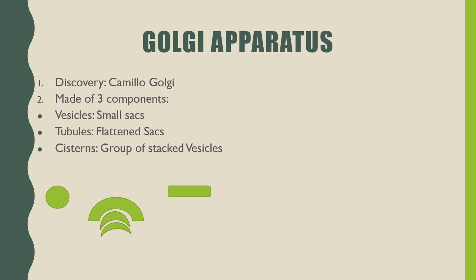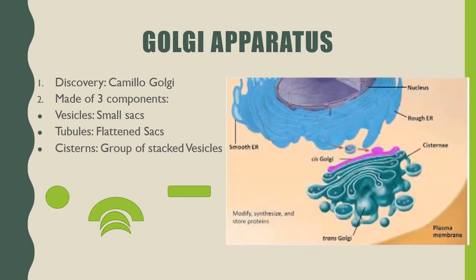You know that lipids and proteins are made in endoplasmic reticulum, and endoplasmic reticulum is connected to Golgi apparatus. You can see the smooth ER and the rough ER. On the inner side is the nucleus, and on the outer side is the Golgi apparatus.